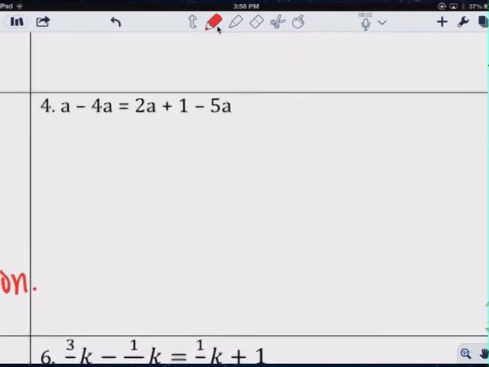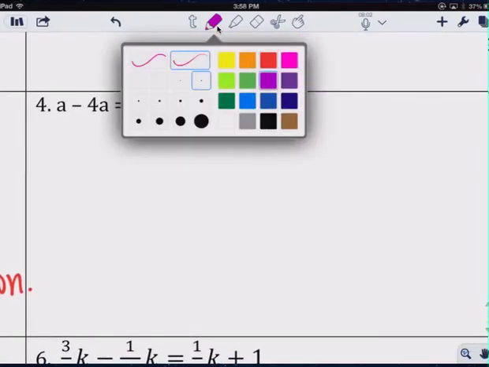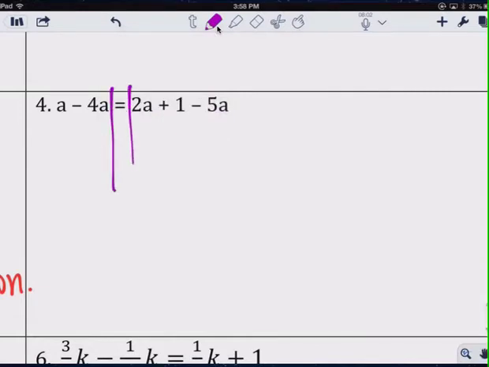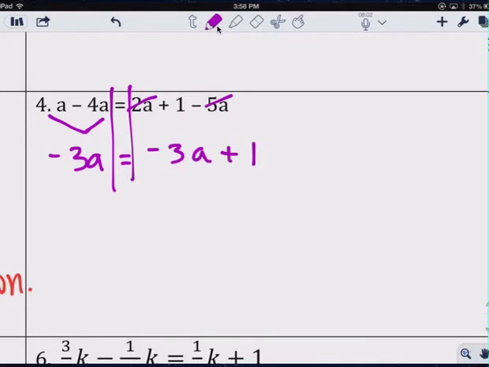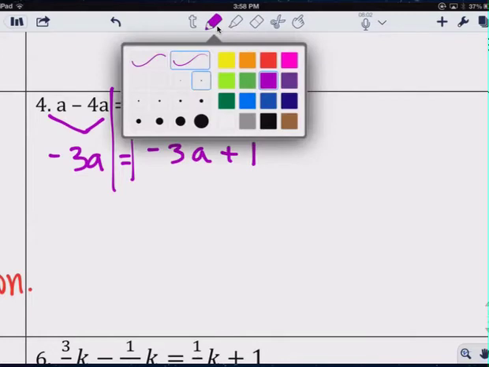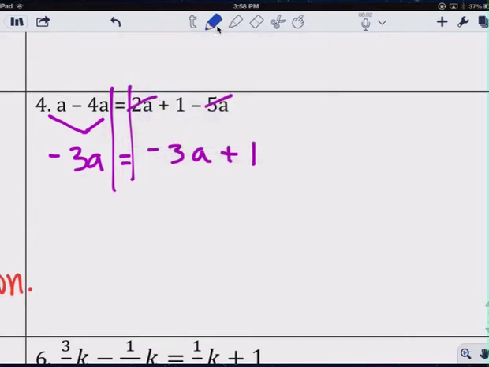Okay, now on number 4, you have to leave this. Oh, we can, look, these two we can combine like terms to negative 3a equals, these two are alike, negative 3a plus 1. Okay, let's get rid of this here, add 3a, add 3a.